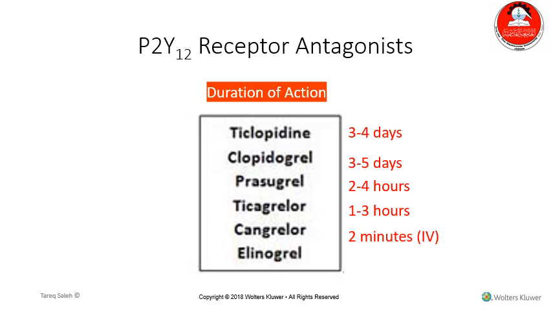For example, cangrelor, which is the only drug in this category that is given intravenously, can achieve platelet aggregation inhibition within 2 minutes after intravenous administration, meaning that it is the fastest drug to achieve platelet inhibition in this category.